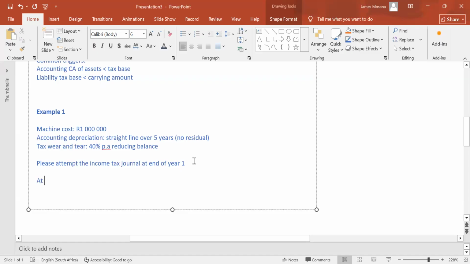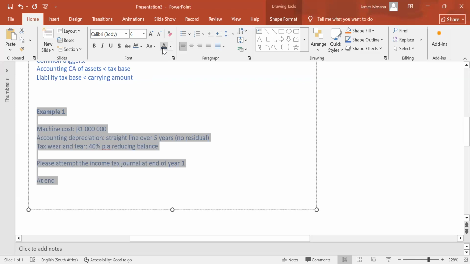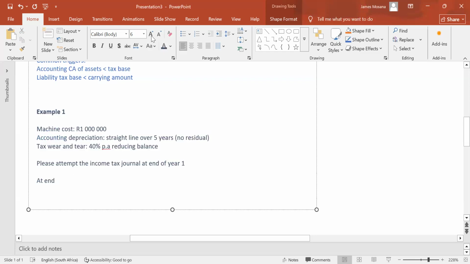So at end of year 1, we are going to have an accounting carrying amount of, obviously now we have 1 million, less depreciation.